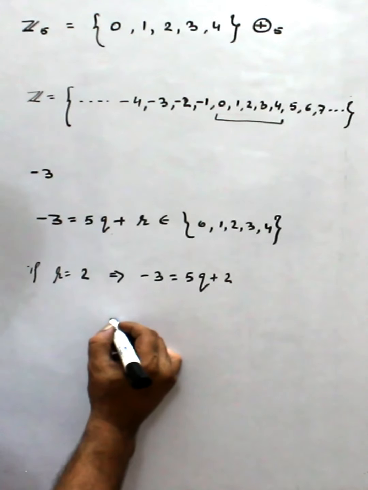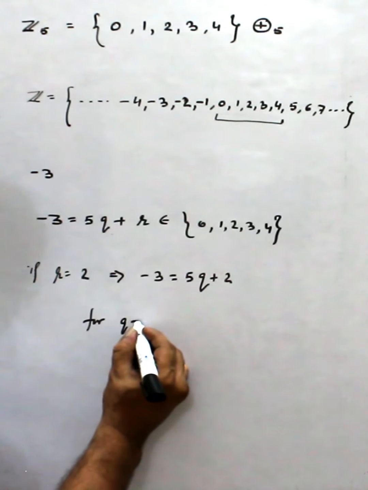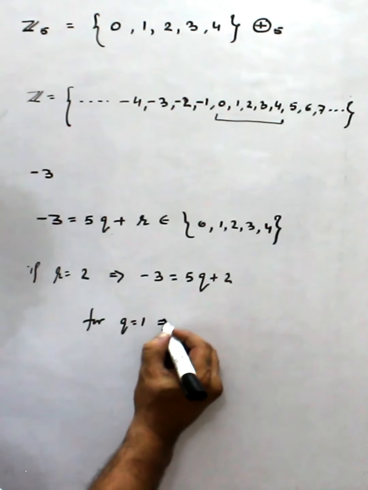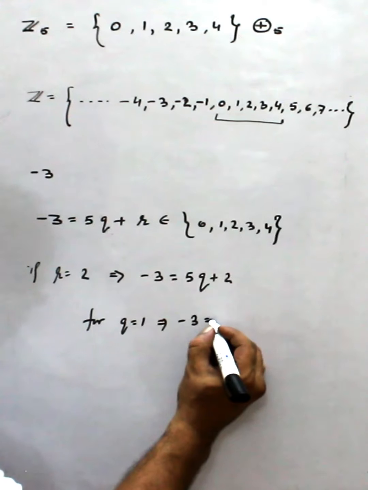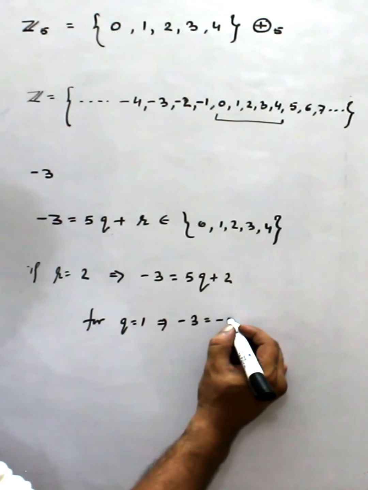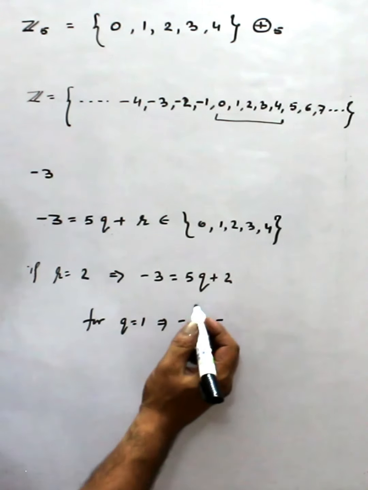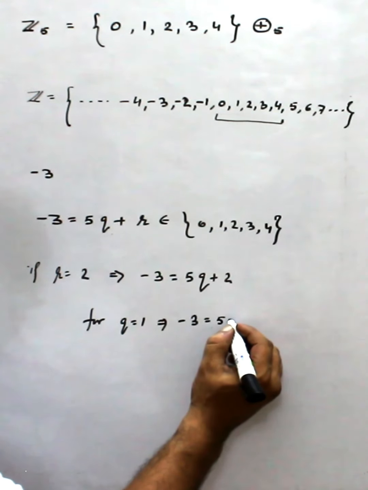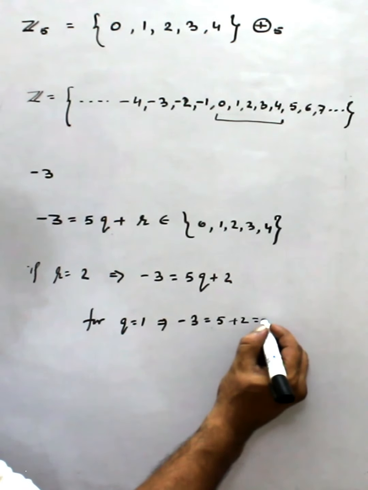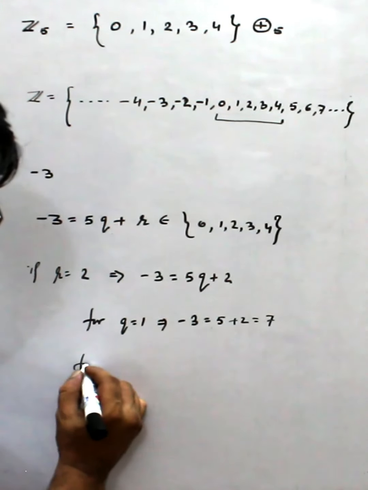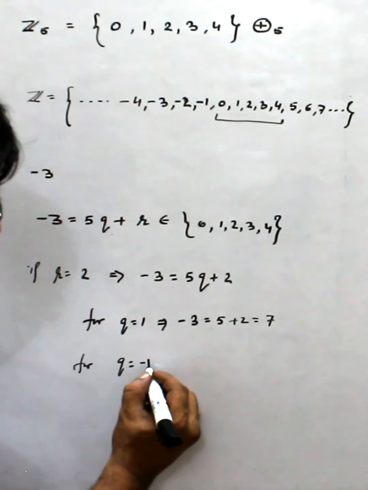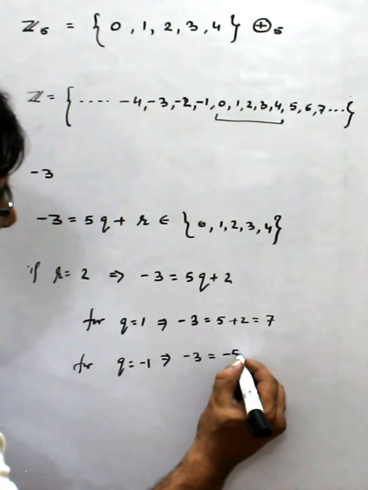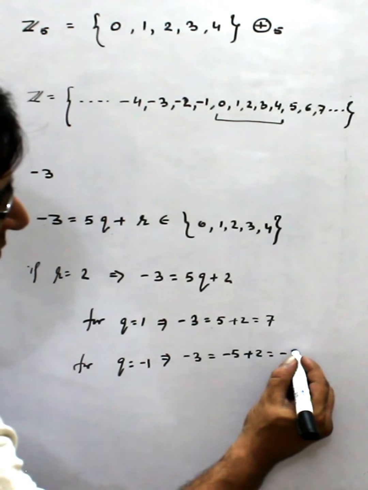Now take q is equal to 1, then what happens? That becomes 5 plus 2, which is 7. For q equal to -1, this becomes -5 plus 2, which is -3.